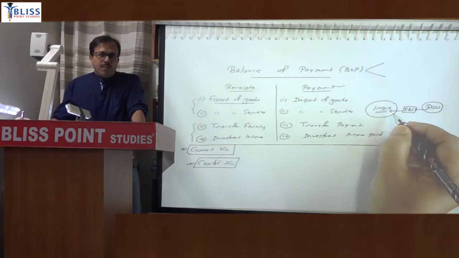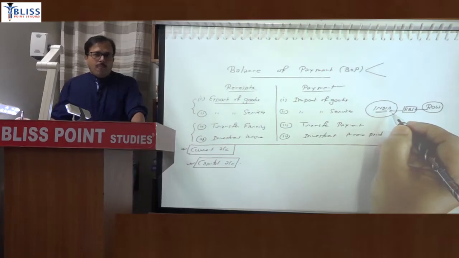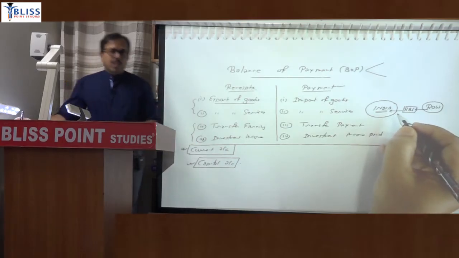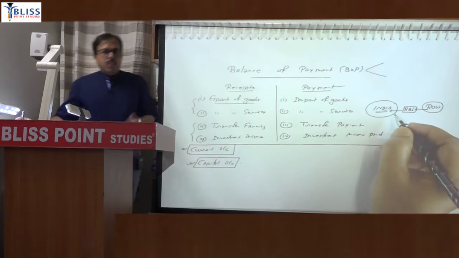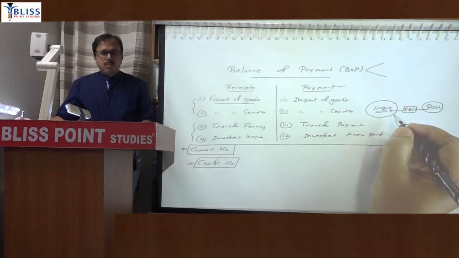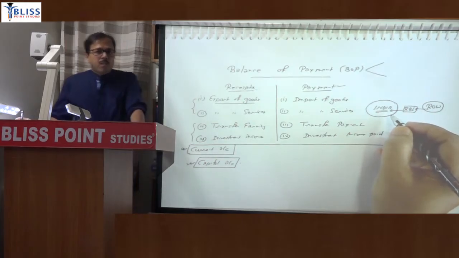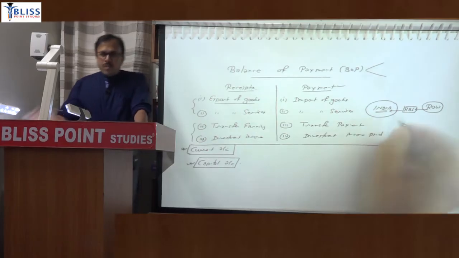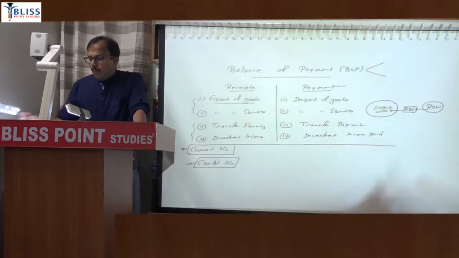In India we are not keeping dollars, but we are receiving payment in terms of dollars, and that dollar is converted into rupee by the central bank. At what rate it will be converted depends upon the exchange rate. Exchange rate can be fixed or flexible, determined by the market forces or by the central bank itself. That will be coming later on.